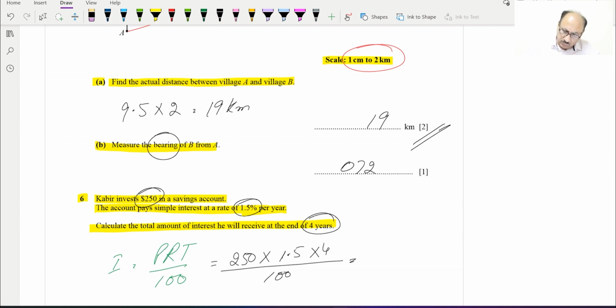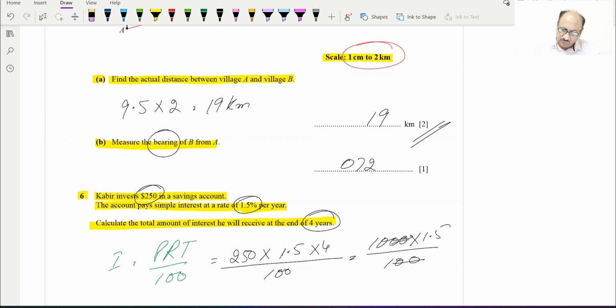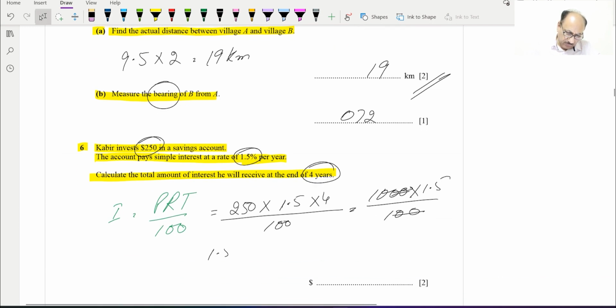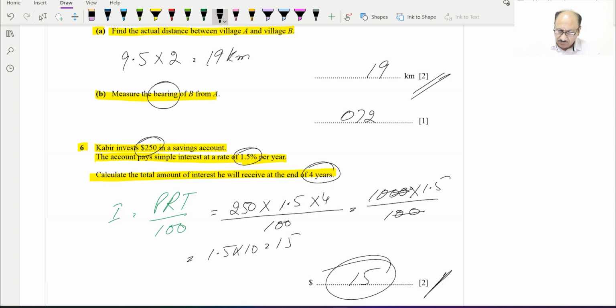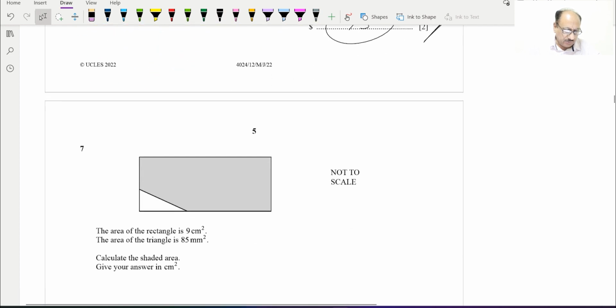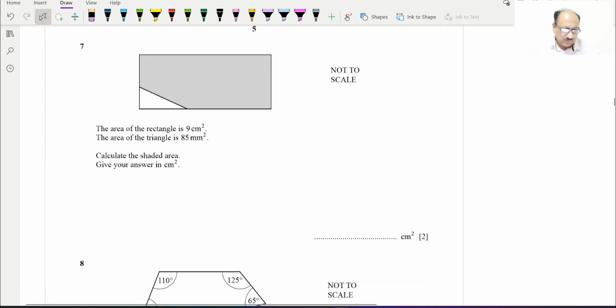If I show the working, it will be 1000 multiplied by 1.5 divided by 100, and these two zeros will cancel with this, and 1.5 multiplied by 10 is equal to 15. This $15 will be our answer for 2 marks. Hopefully you understood this. Now this is question number 7.